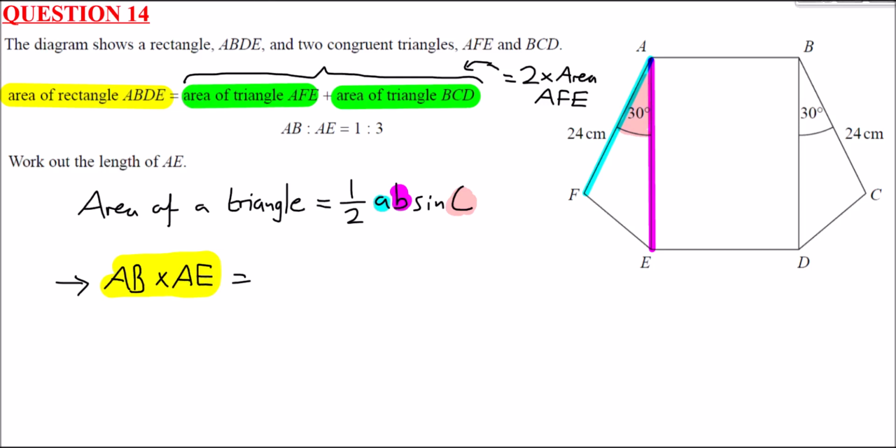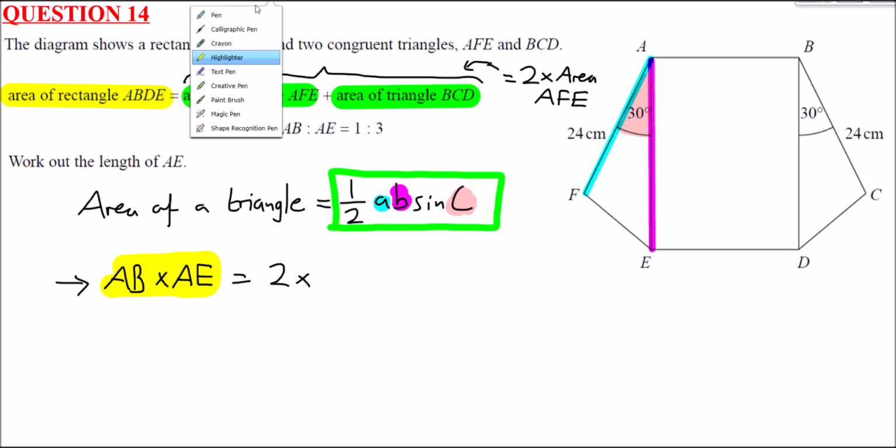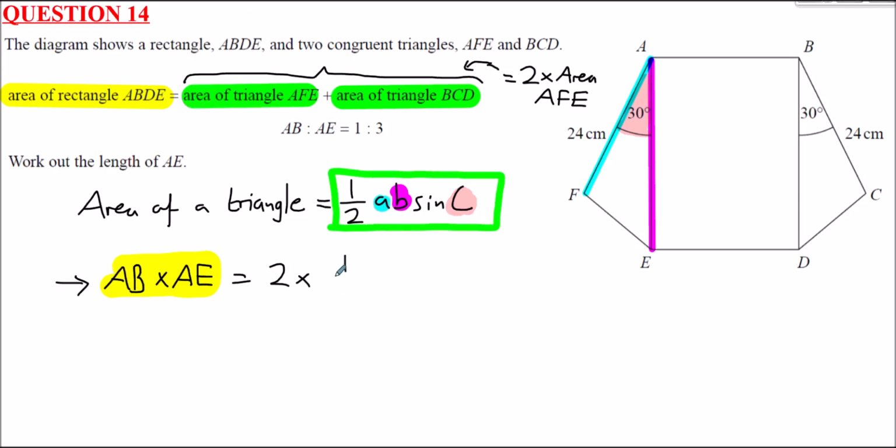And that's going to equal 2 lots of the area of AFE. So that's 2 times this here. So 2 multiplied by this here is half times A, which is 24, times our B, which is AE, times sine 30.